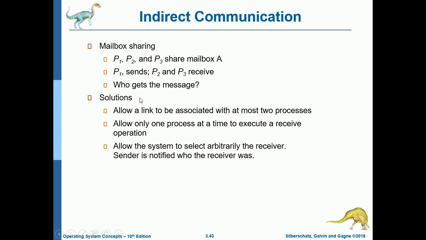But the solution to save, for example, resources, is to allow a link to be associated with at most two processes. That's the first solution. The other is to allow only one process at a time to execute a receive operation, and allow the system to select arbitrarily the receiver. The sender is notified who the receiver was. So these are the solutions for who gets the message.